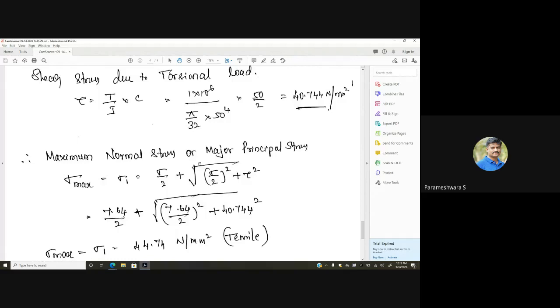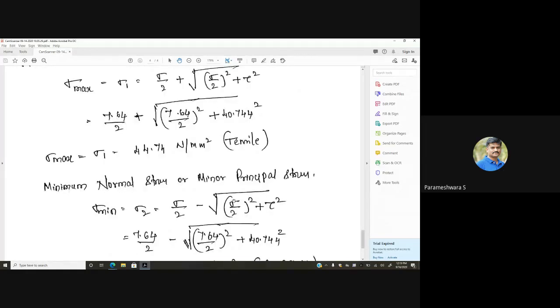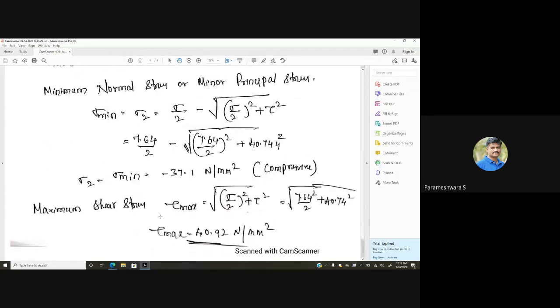Just recall it, you have derived this formula with regard to the maximum normal stress and minimum normal stress, and then ultimately determine the maximum shear stress. With this, I will move on to the next problem.